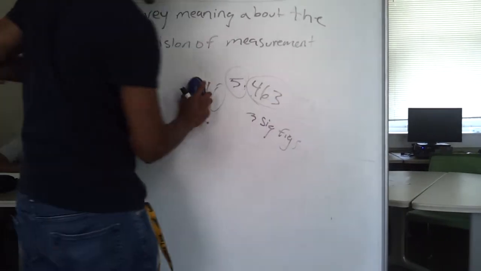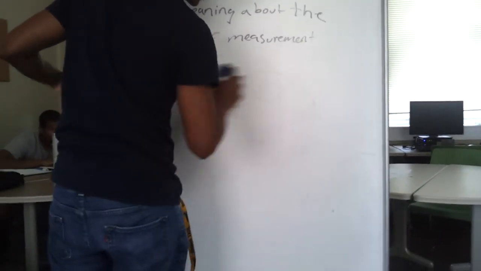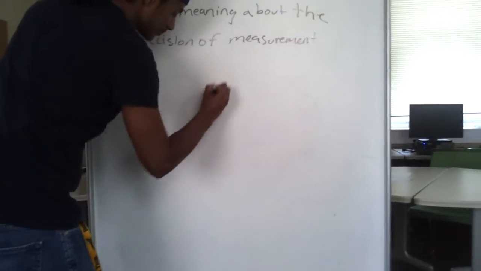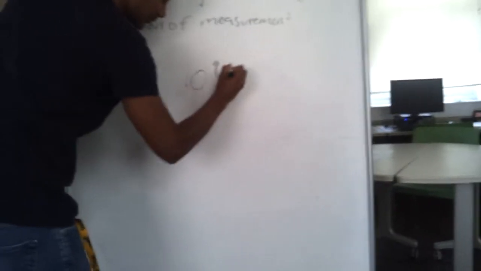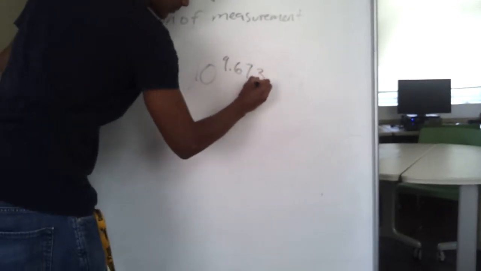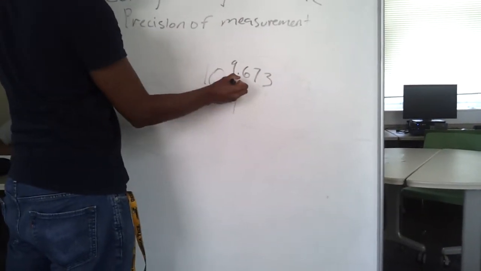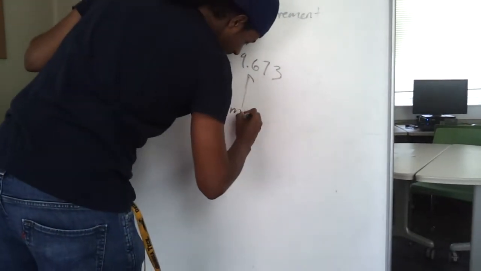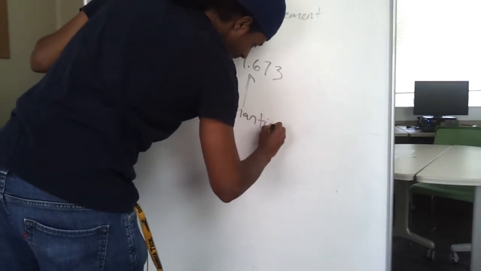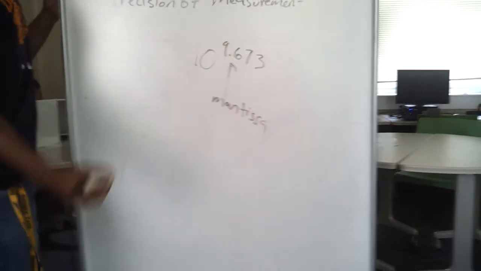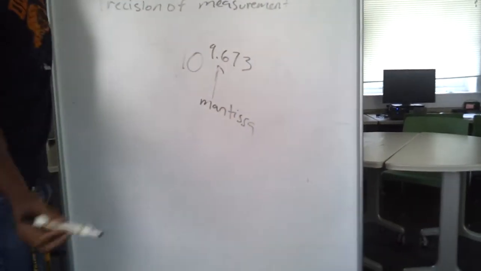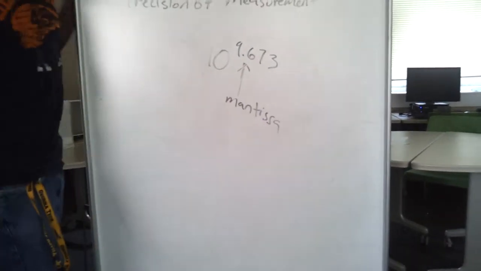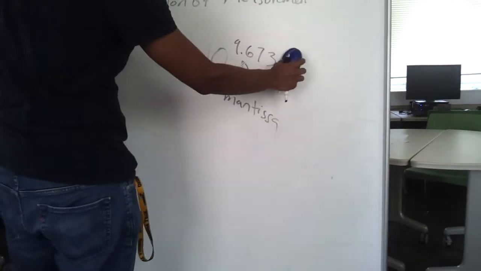In this case, looking at exponential functions and logs, the decimal place right here is called the mantissa, which in this case will begin counting of the significant figures, which is the 6, the 7, and 3. So 3 significant figures.